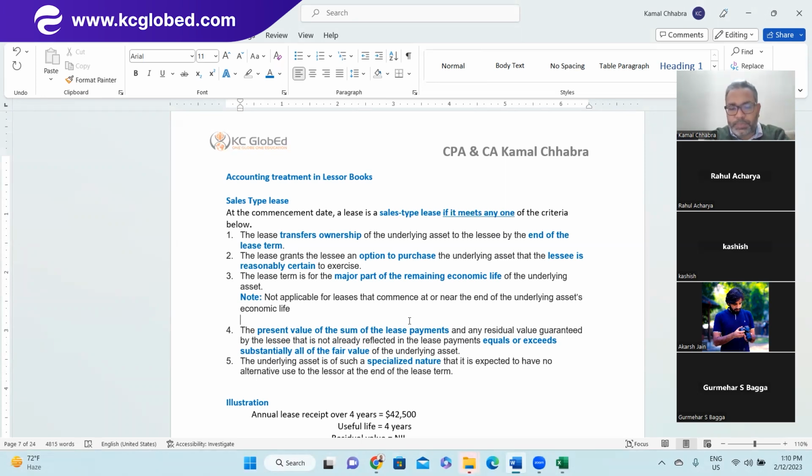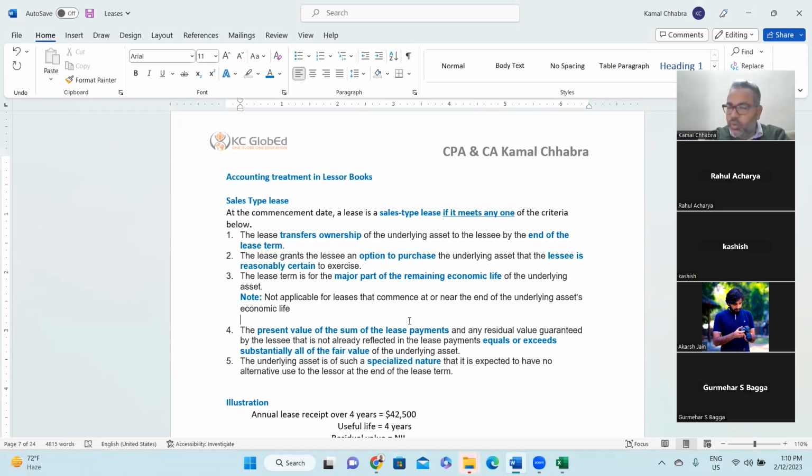So this is already its life over, there is no alternative. The lessor cannot give that asset on lease to anyone else because it is dedicatedly and specifically made for the lessee. Right? We discussed some examples like a fire truck, fire extinguisher truck, or maybe an ambulance, right?